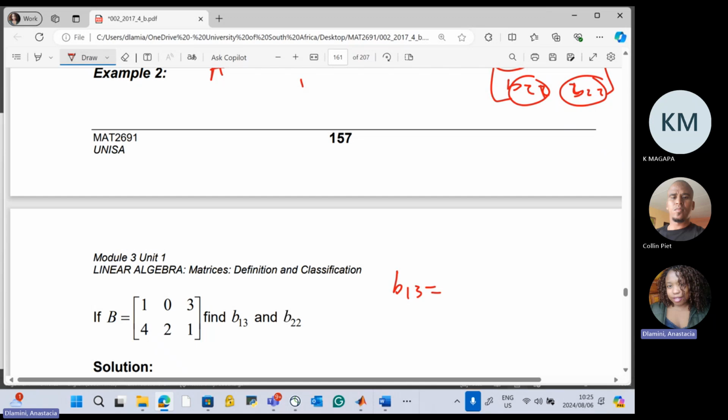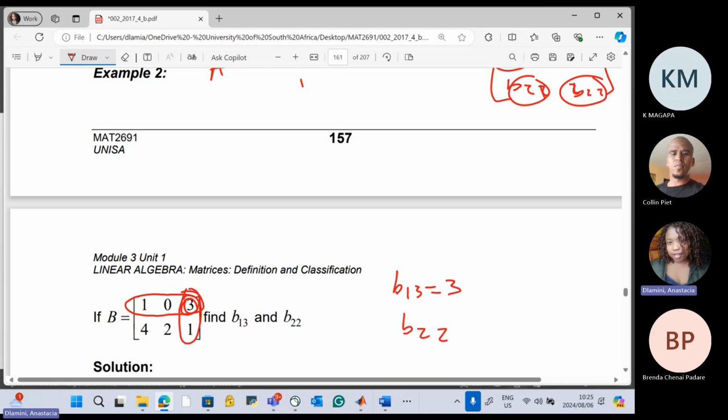The first row is this one, and the third column is this one, so meaning that 3 is B13. And then B22, they want you to find the element in the second row, second column. So that's the 2, so B22 equals 2.